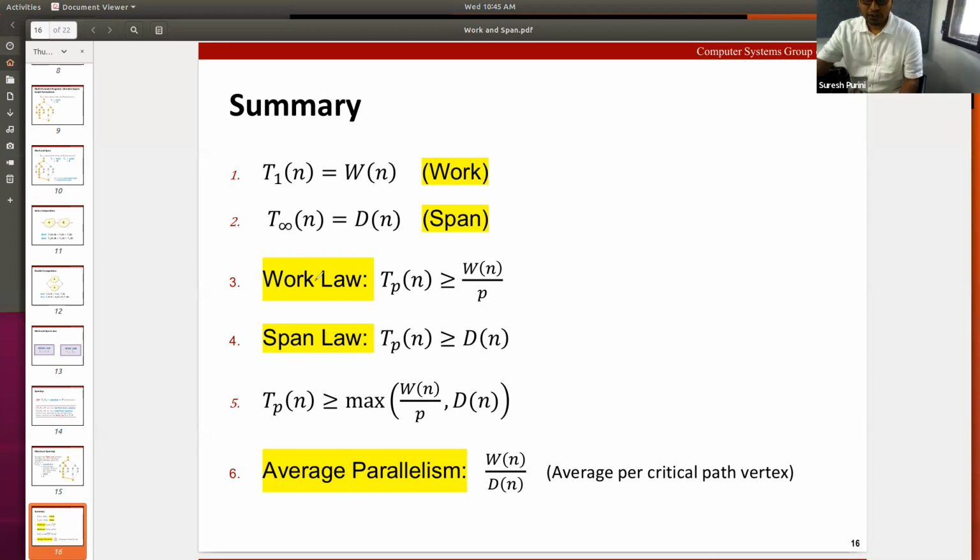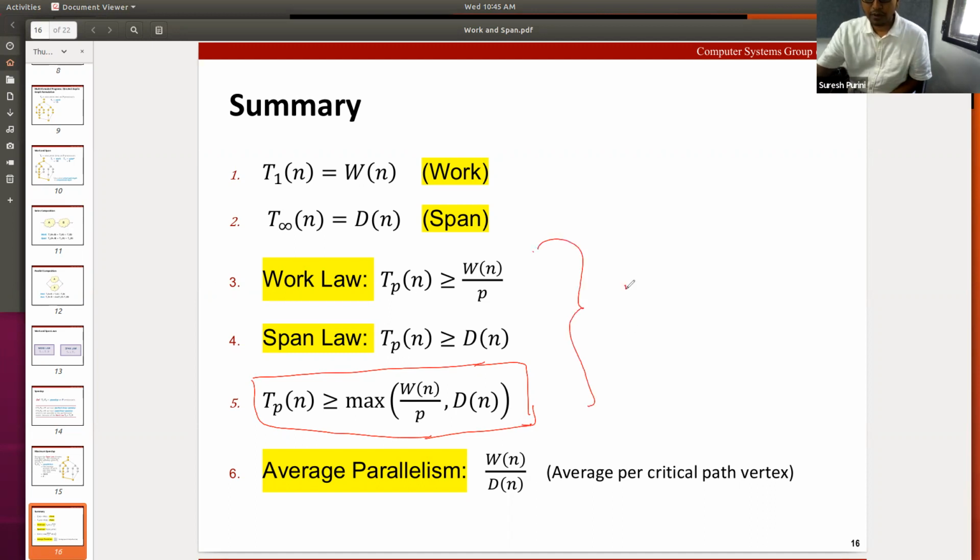Putting these together, the time taken to execute a DAG on P processors is greater than or equal to the max of these two lower bounds. So we are getting a lower bound on computation time on P processors.